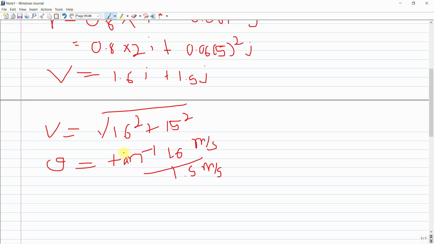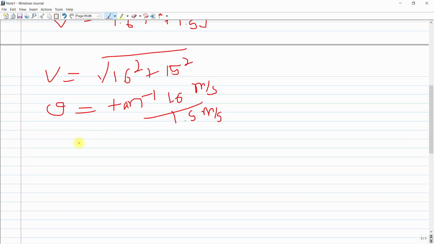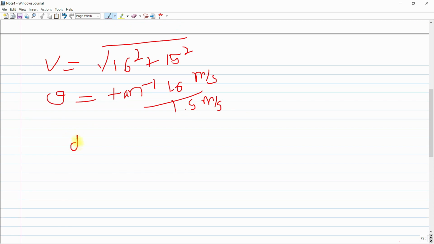First we will derive the equation of the streamline. You know that dy upon dx is equal to dv upon du.